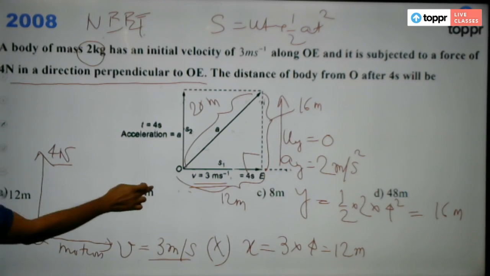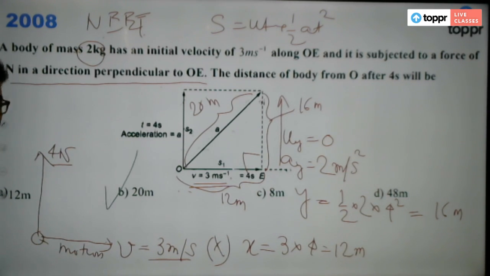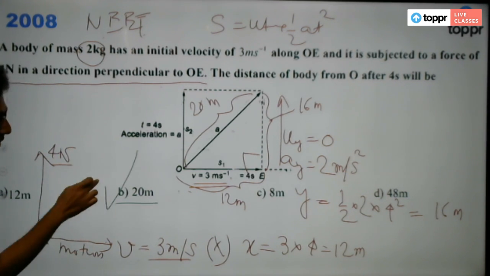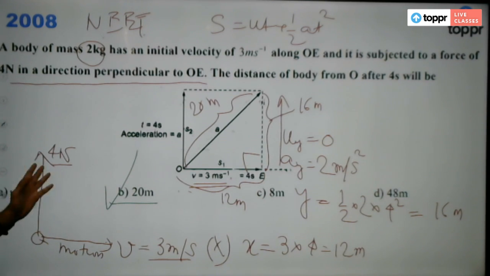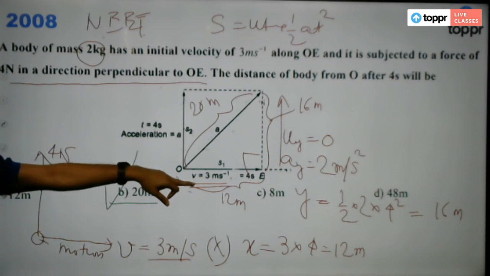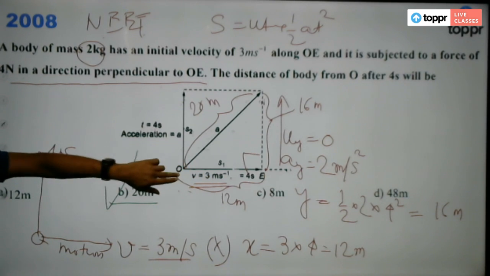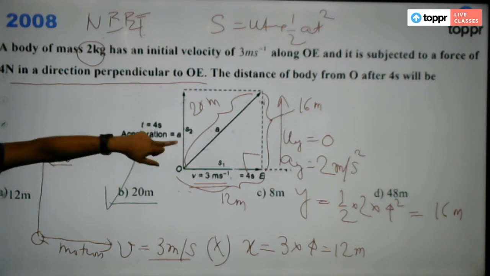So we have the answer. We have the right answer. It is marked with green. It is 20 meter. I'm explaining it once again. What we did: velocity, don't get confused. Velocity given doesn't mean that velocity should be taken in the y direction also.